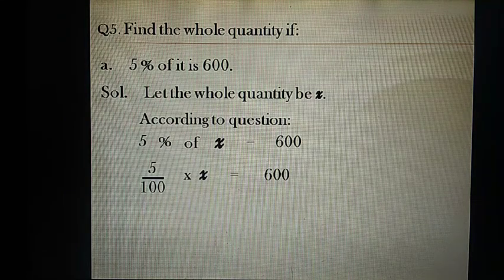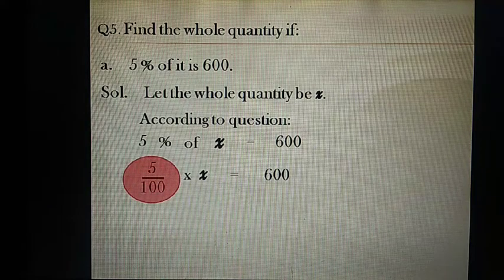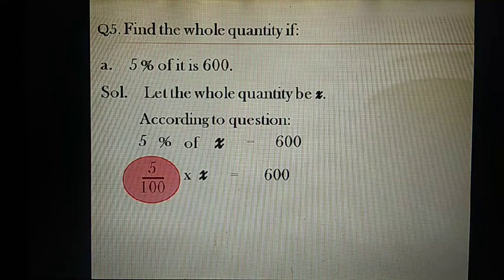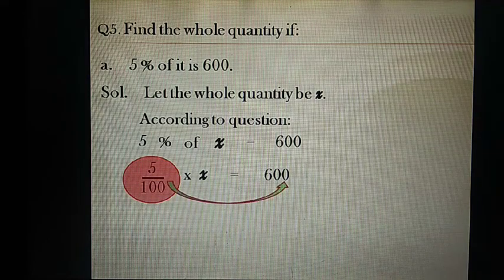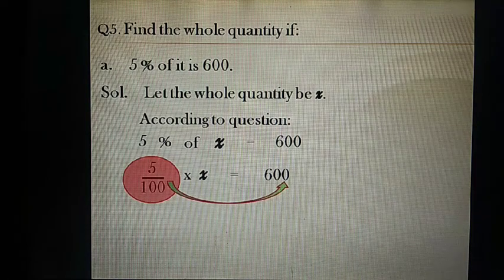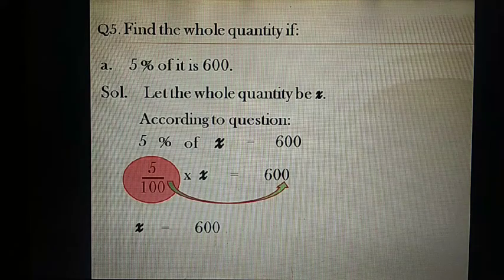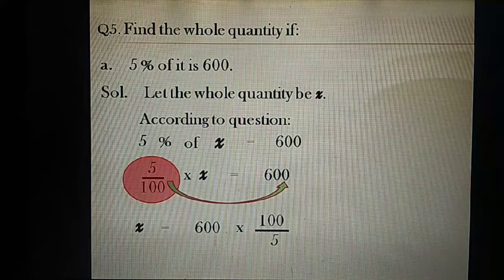We are supposed to find the value of x here. We will shift this fraction to the right hand side. Shifting this fraction to the right hand side means shifting the reciprocal of it. You will get x as 600 and the reciprocal of the fraction, that is 100 upon 5.